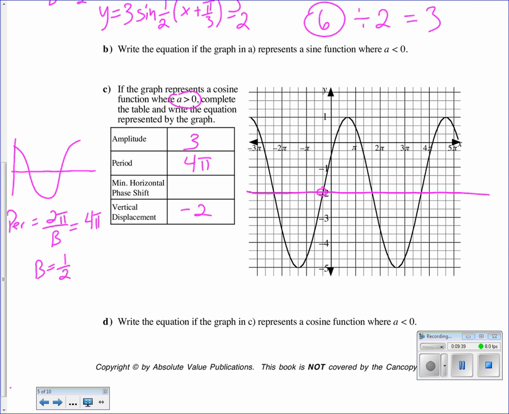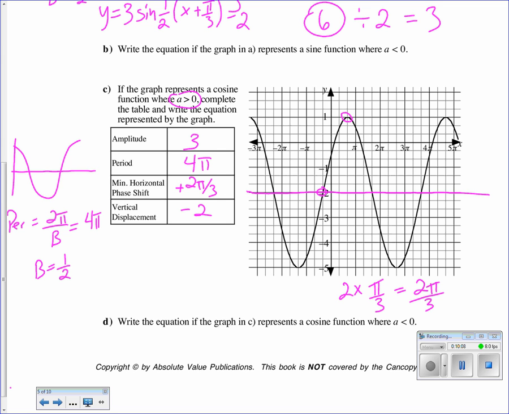Where are we looking for that horizontal shift? Remember, the cosine graph is supposed to start at a height of 1, and that shifted over 2 tick marks, or 2 times pi over 3, to give me a horizontal shift, sorry, of 2 pi over 3. And that's towards the right, so 2 pi over 3.